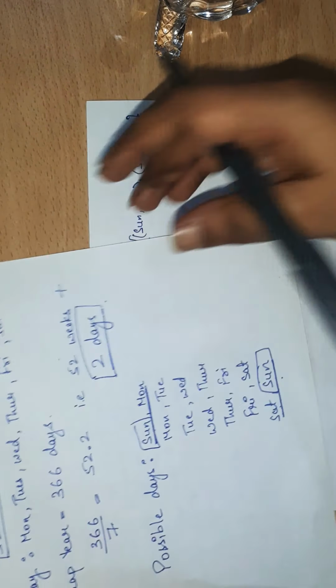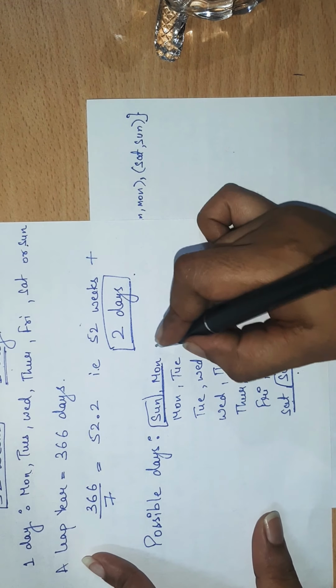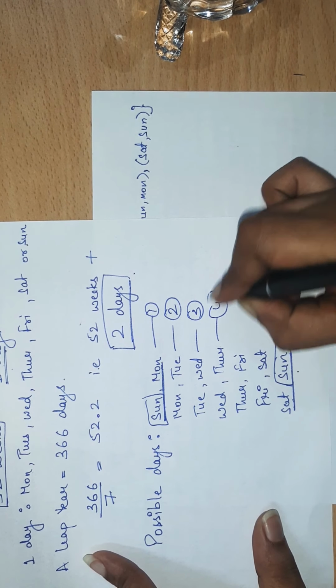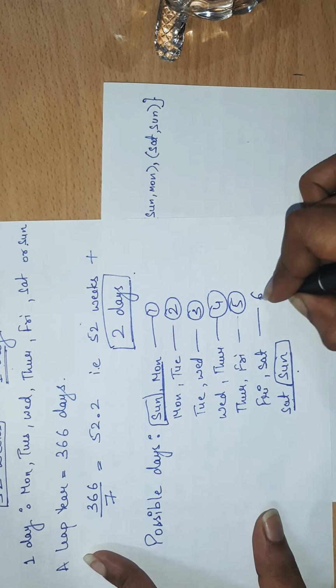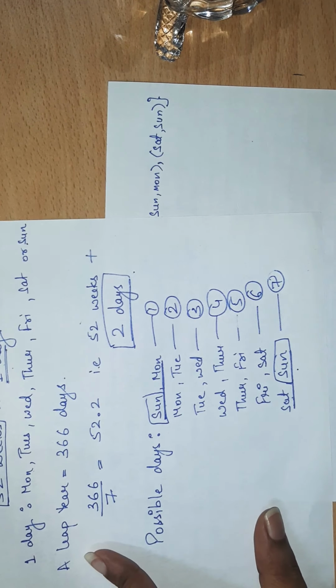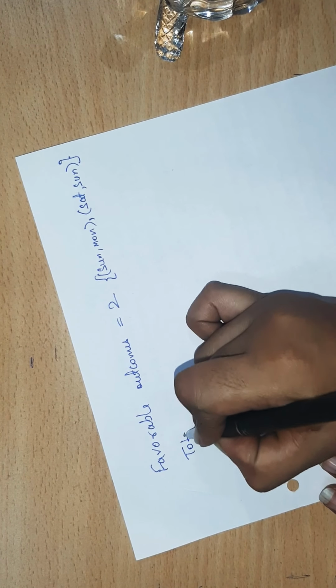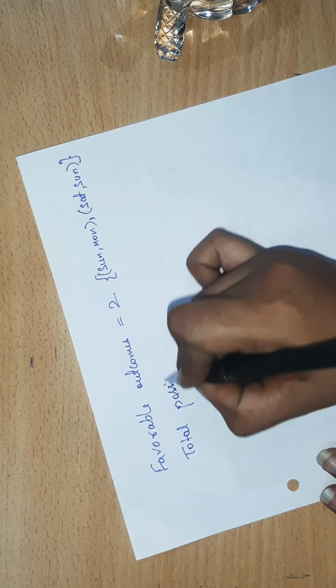And as we can see, we have 1, 2, 3, 4, 5, 6 and 7. These are the 7 possible outcomes.